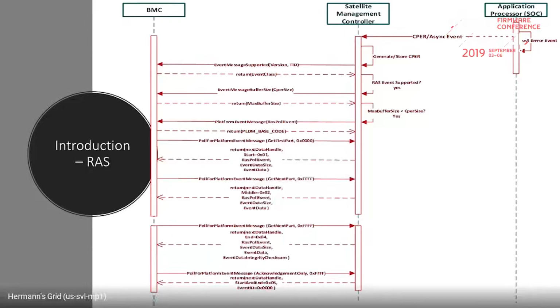The BMC checks the CPER size and returns the maximum communication buffer size that is supported for the payload. Then the satellite management controller determines whether the CPER exceeds the max buffer size. If it does, then it needs to do a multi-part transfer.